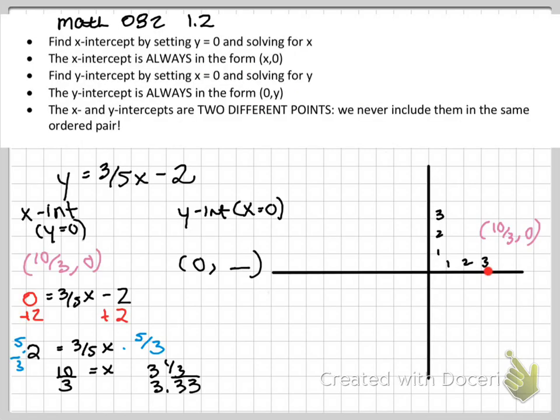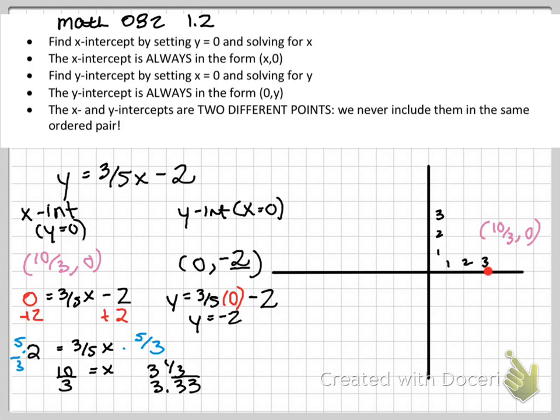All right, let's keep going just to finish this problem. We found the X-intercept, which was 10/3, comma, 0. We want to find the Y-intercept, again, by letting X be equal to 0. So we have Y equals 3/5 times 0 minus 2. That means that Y is equal to negative 2.